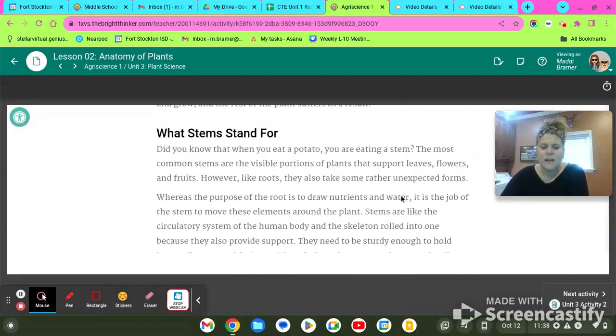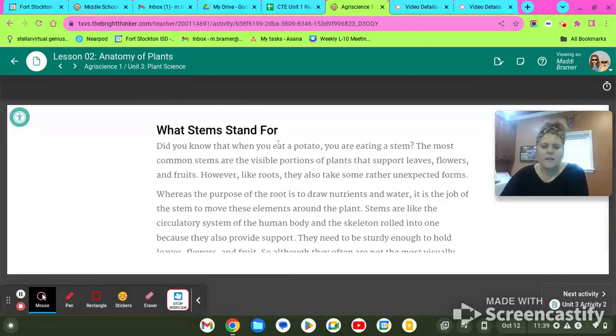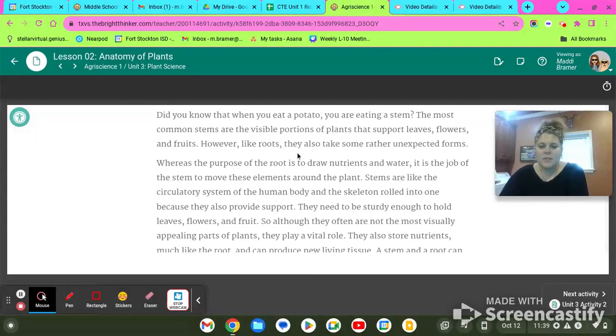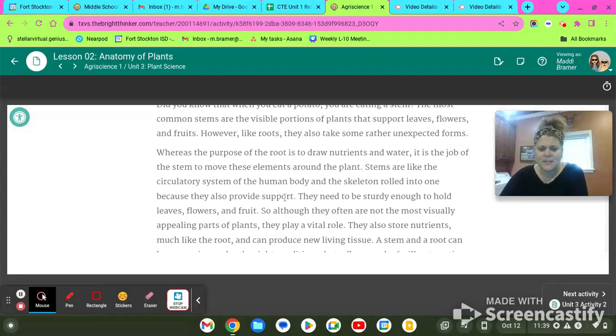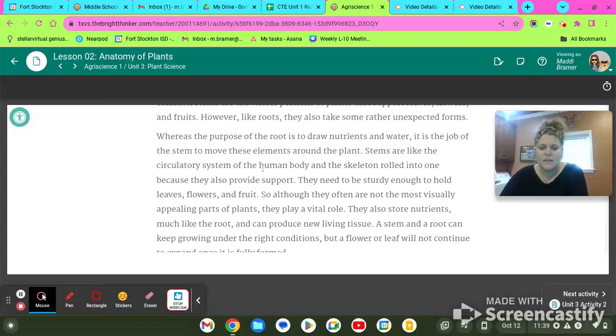All right, so then we've got stems. So stems are just as important. Most common stems are the visible portion of plants that support leaves, flowers, and roots. However, they also have some unexpected forms. So it says stems are like the circulatory system for the human body and the skeleton all in one. So they help provide support and they help with the flow of things.